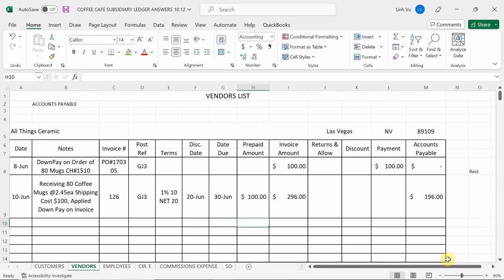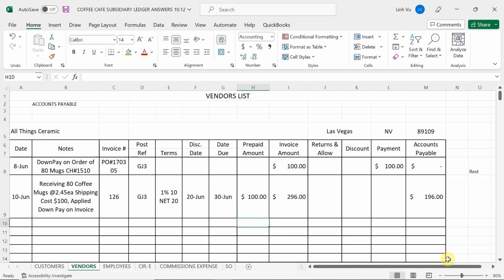Do I owe All Things Ceramics for this particular bill $196? Yes, you do. You don't owe $296. You owe $196, because even on the form itself, they deducted $100 for the down payment.